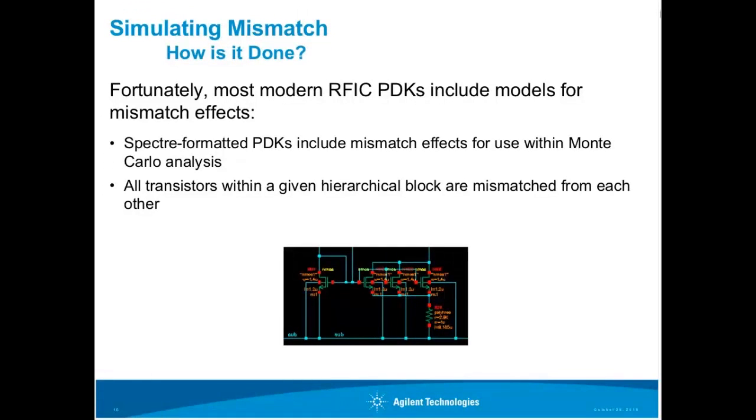And in fact, the Spectre-formatted PDKs that Golden Gate uses have these effects built in, and the way it works is every device at a certain level of design hierarchy gets mismatched from the other devices at that level of hierarchy. And so you have this mechanism in your design kit and in your simulators to allow you to do mismatch Monte Carlo simulation. So the question is, what's the problem?